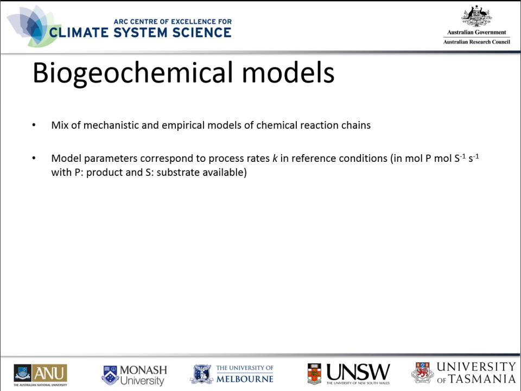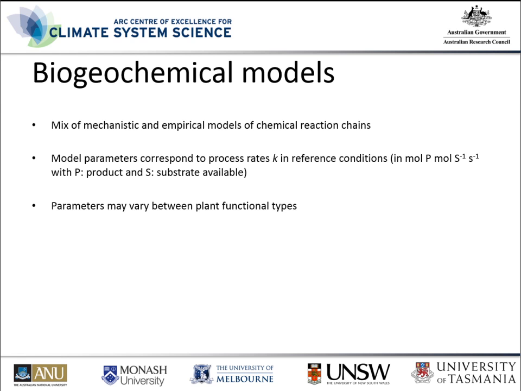So usually, at least to my knowledge, the way it's done is we define parameters, K, for example, in reference conditions, which is I know the temperature, I know how much water is available, etc. And these are in moles of a product per moles of a substrate per unit of time.